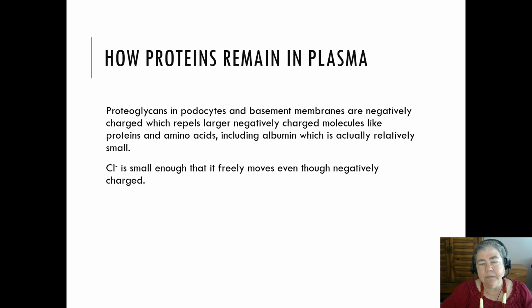And albumin is small enough that it could make it across the fenestrated membrane, but if the podocytes and the basement membrane are intact and properly negatively charged, it doesn't, or very little of it does. The chloride ions are so small that chloride moves freely in spite of the negative charges.